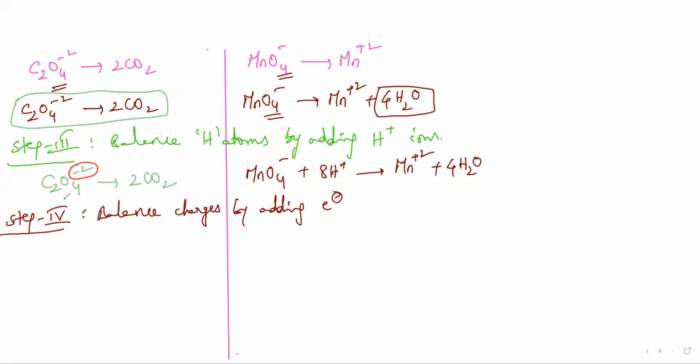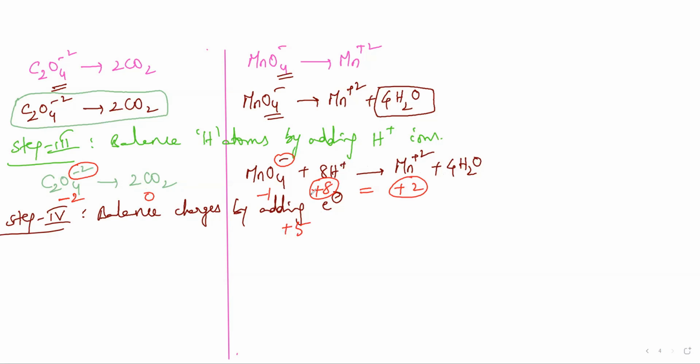Here in this case, -2. Here it is 0. Here it is -1. 8 into +1, +8. Here it is +2. So here it is total charge -2. Here -2 + 8, is equal to. Here you consider the arrow mark as is equal to. You bring it here, -1 + 8. Total charge will be +7.